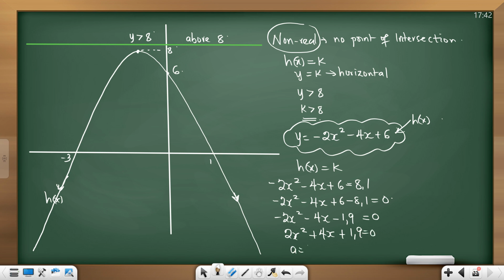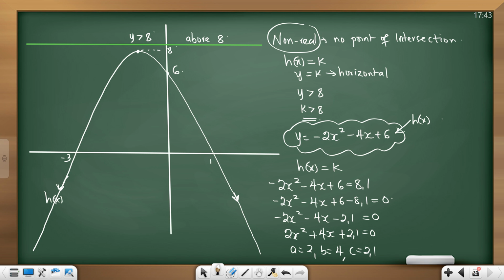Now your a is 2, your b is 4. Sorry, sir, for misleading you. It's 2.1, not 1.9, because 6 minus 8.1 is negative 2.1. Yes, you're correct.